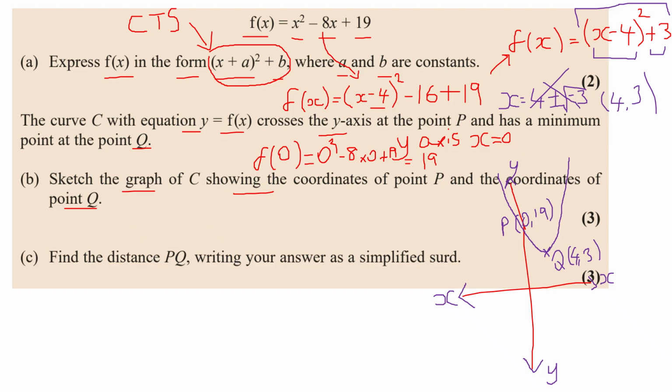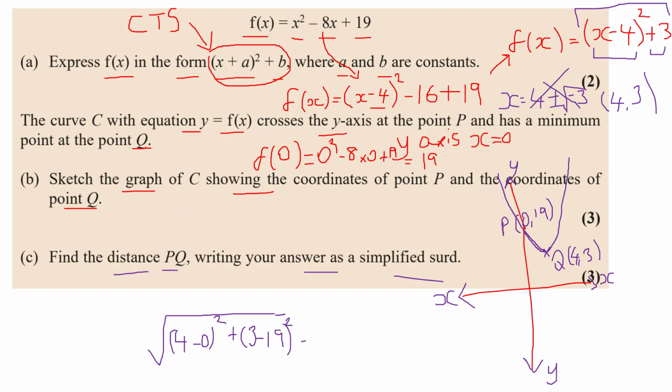Next up, find the distance of PQ, writing your answer as a simplified surd. So for the distance of PQ, we're obviously going to use Pythagoras. We're going to have the square root of the difference in the x values, so 4 minus 0 all squared, plus 3 minus 19 all squared.